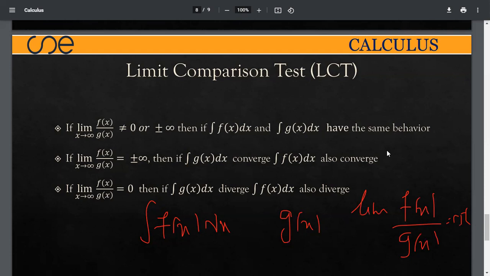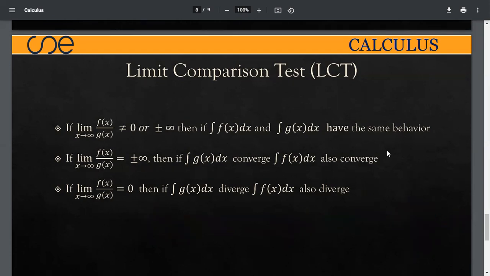The proof of this test is a bit complex. I will not go through it. However, you need to know that g of x is of our choice. We choose it the same as in the direct comparison test. And this constant better not be 0 or infinity, because in case the limit was 0, it will cause trouble, and in case the limit was infinity, it will cause trouble.